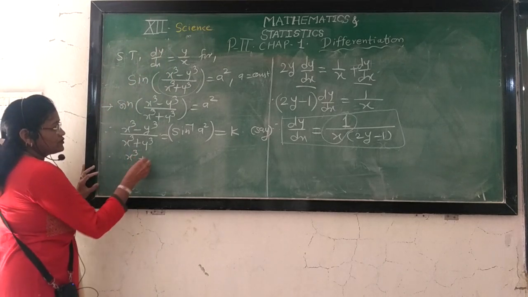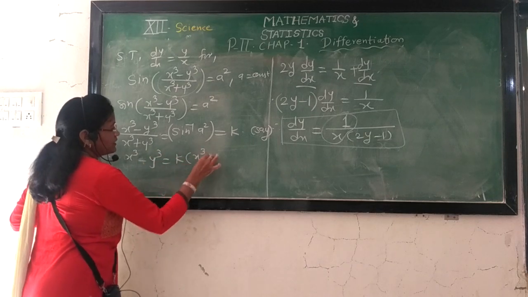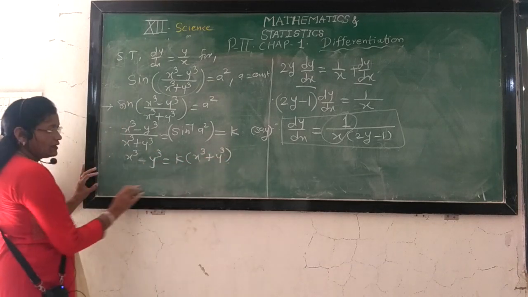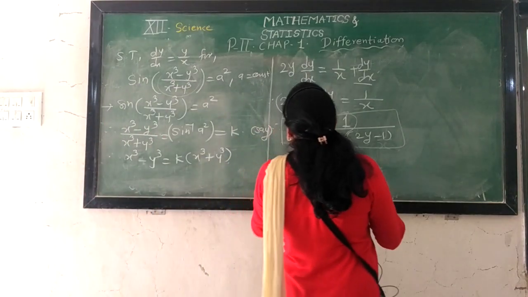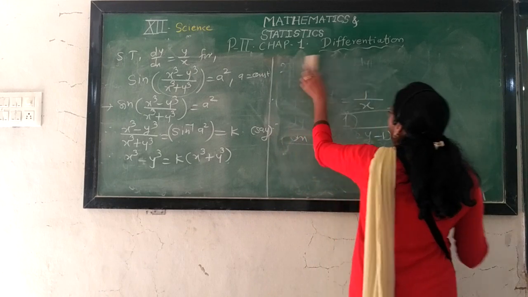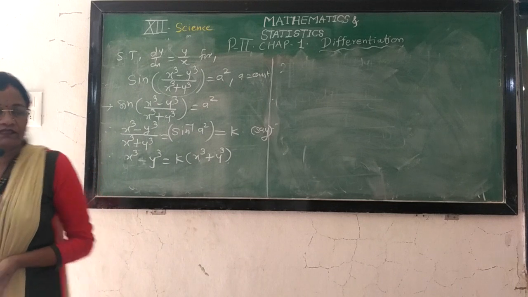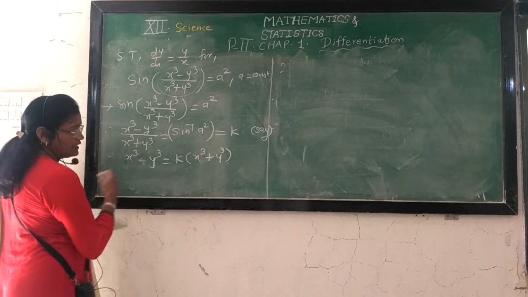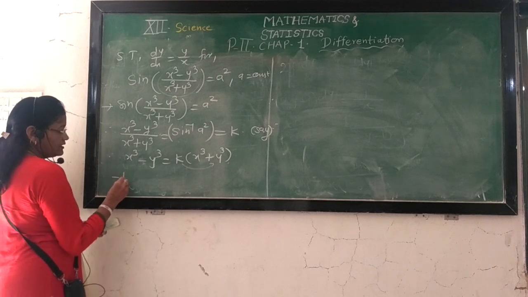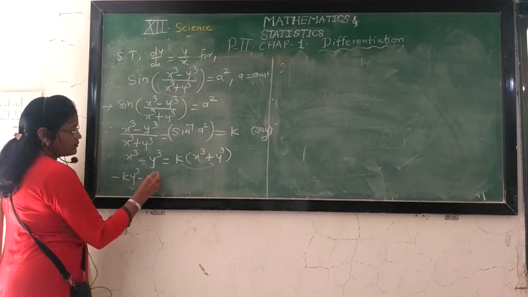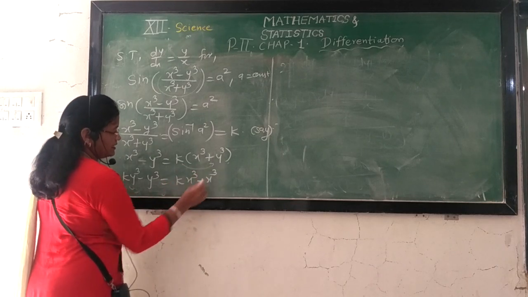So we take x cube minus y cube is k times x cube plus y cube. Now from both sides we take some common factors including k. It is very easy to simplify: connect the terms with y on the left side. So minus k y cube minus y cube is equal to k x cube minus x cube.